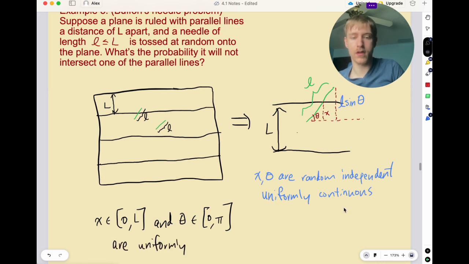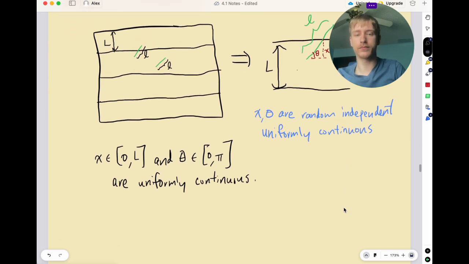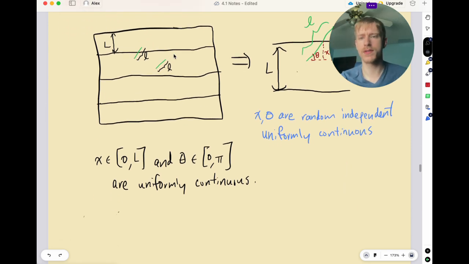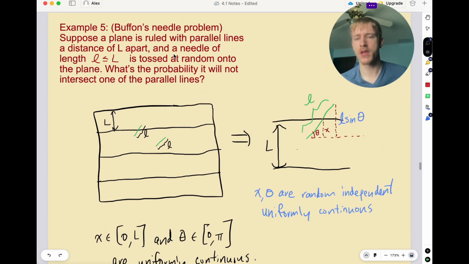And the probability of success is going to be, okay, so let's go back up to this picture again. If the needle intersects one of these horizontal lines, that occurs whenever this L sine theta is bigger than x, where x is the horizontal distance from this end of the needle to the closest horizontal line to it.